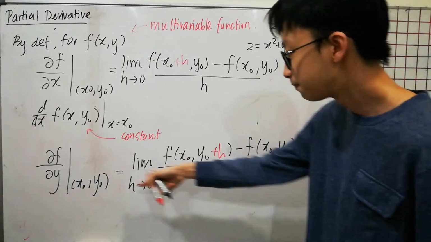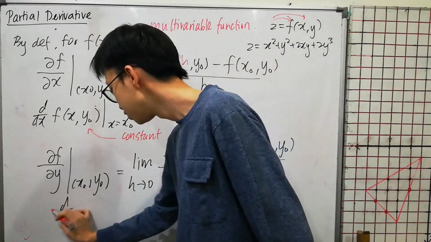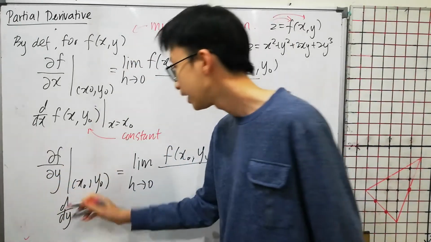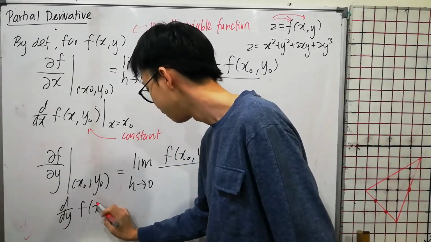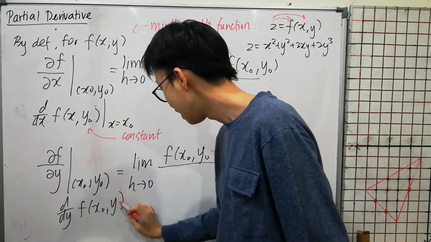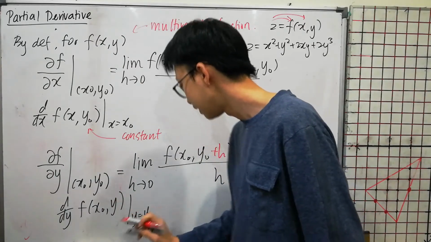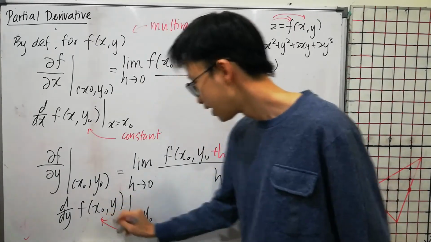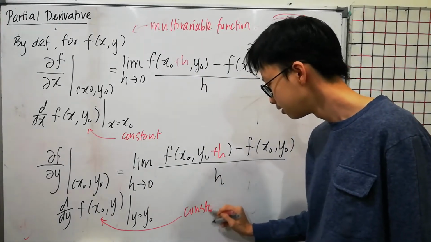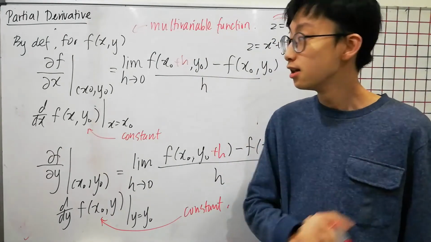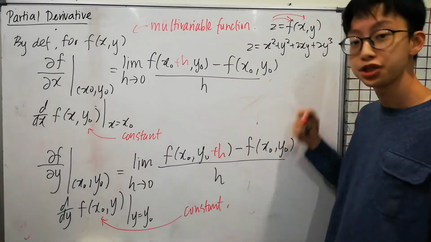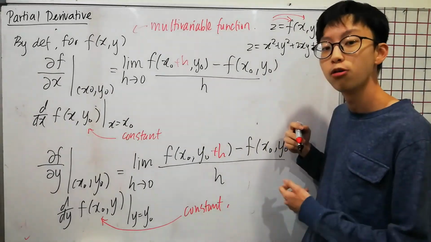And similarly, this means we differentiate with respect to y for this function f(x naught, y) at y equals y naught. And in this case, x naught is a constant. So this is the definition for partial derivative, and I think this is all we need for now.